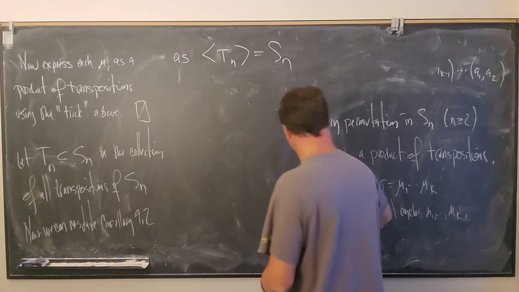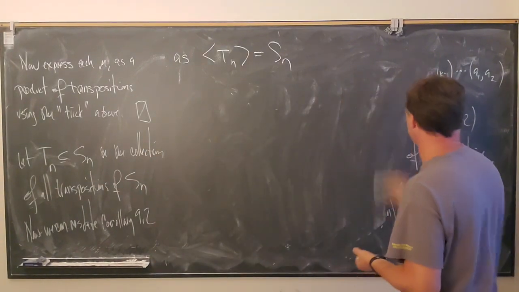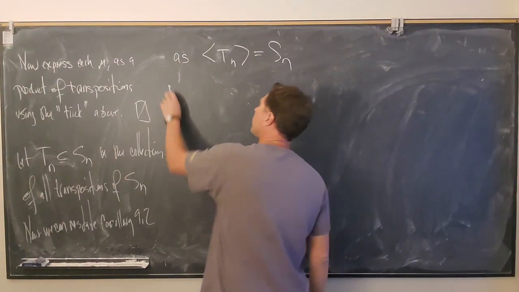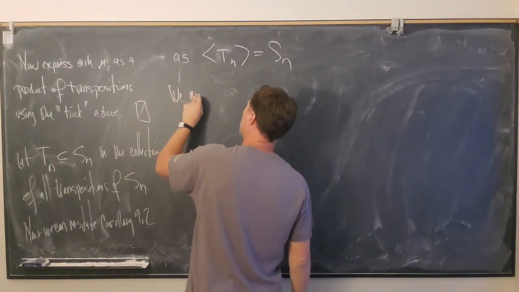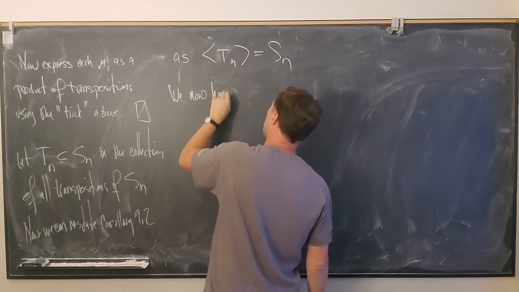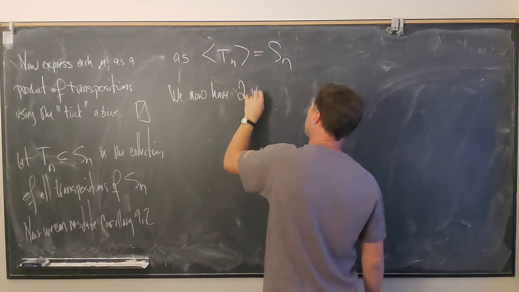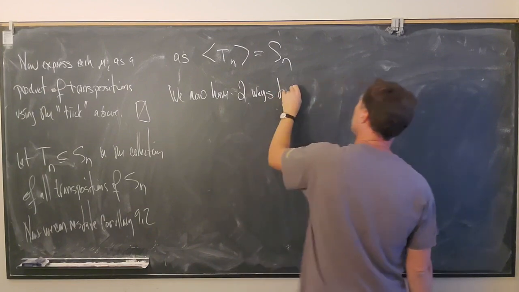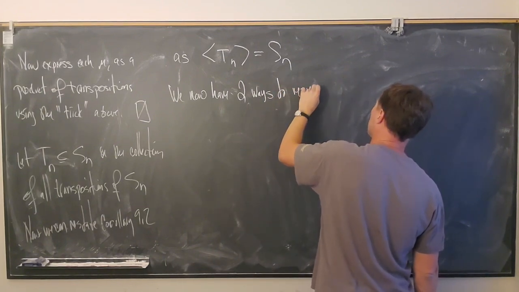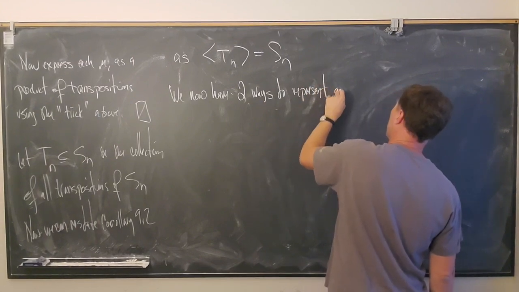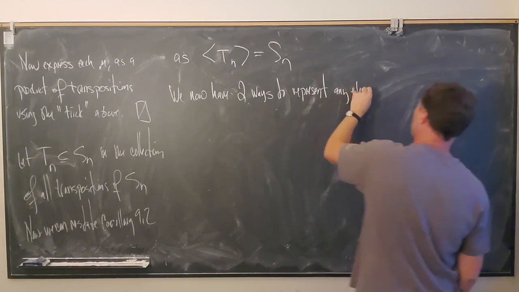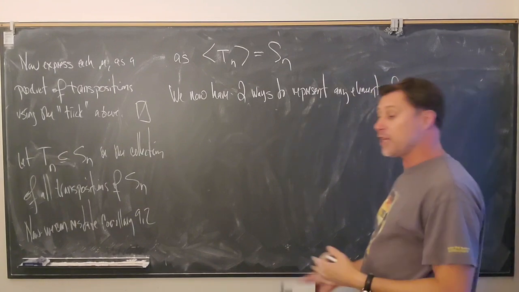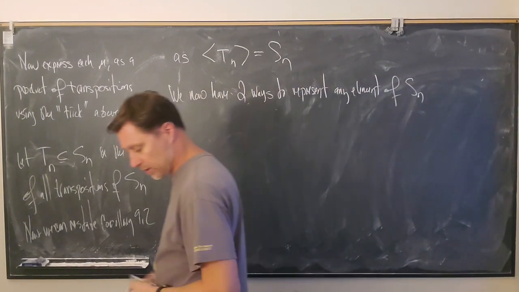This means that we've got two different ways to express any permutation. So we now have two ways to represent any element of S sub n, and each one can be useful depending on the situation.